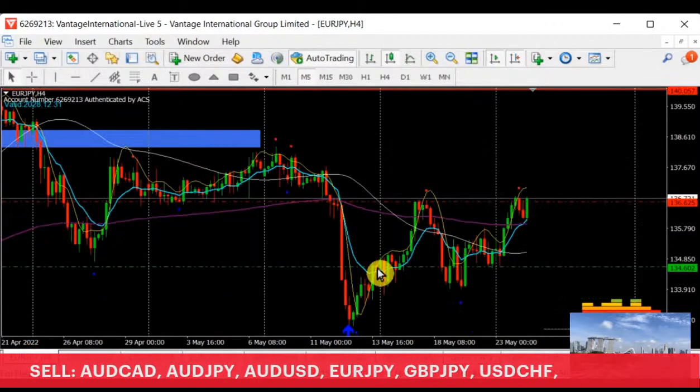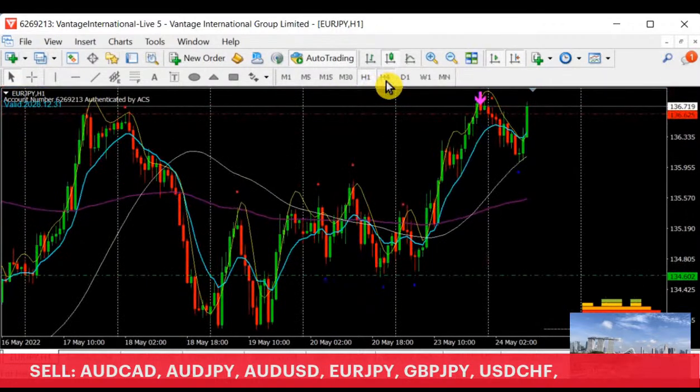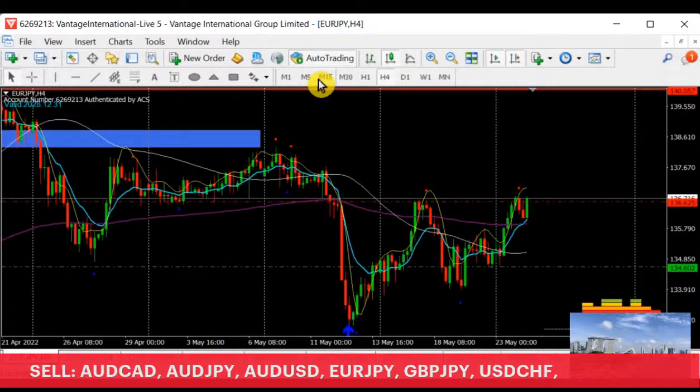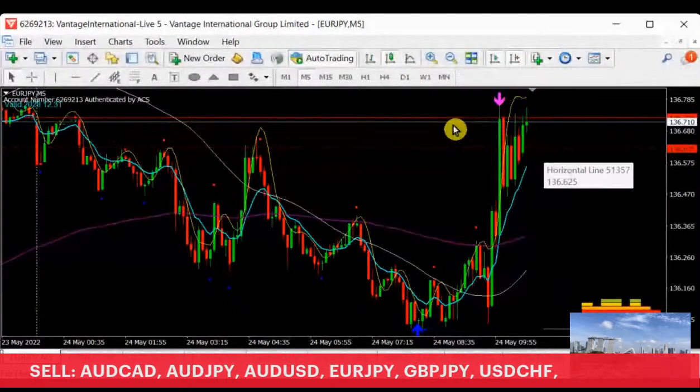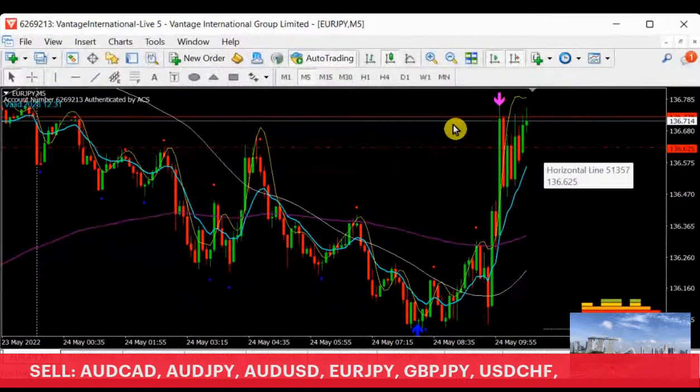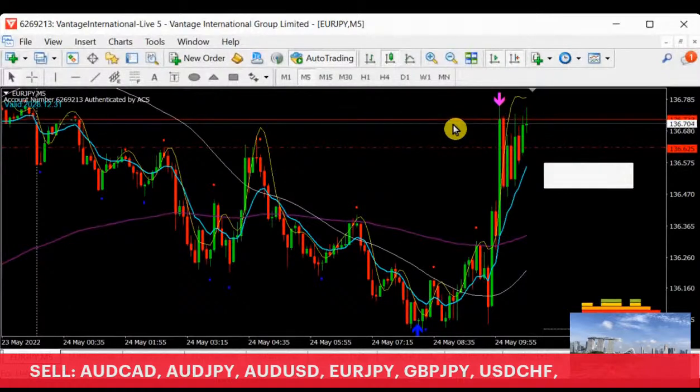Euro yen. As we can see, Euro yen is actually moving to break the resistance area. There's a retest of the previous resistance to become a support. So I guess very likely it should be going up.